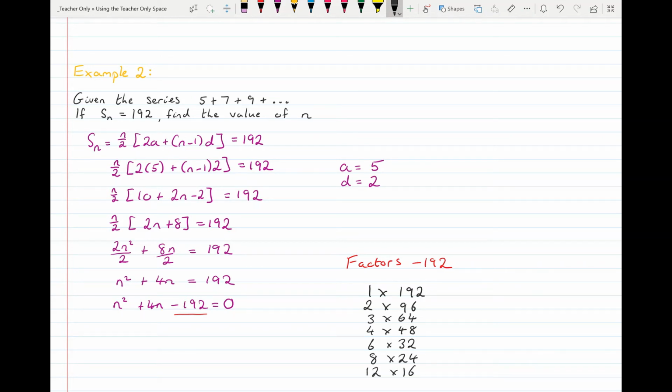Looking at these, we can see that 12 times 16 gives 192, and the difference between 12 and 16 is 4. So if I had 16 take away 12, it'll give me 4.